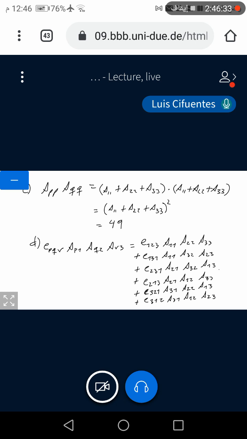And then what we know is that in this Levi-Civita symbol, epsilon_ijk is equal to 1 if these indices are an even permutation, minus 1 when they have an odd permutation, or 0 if we have repeated indices.